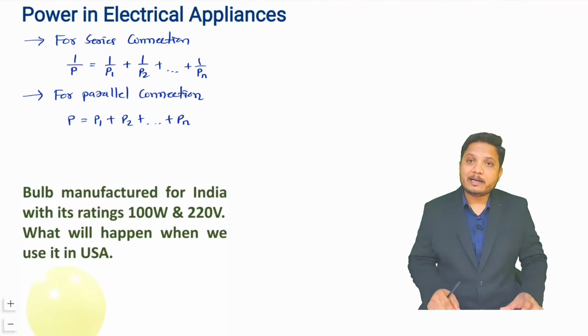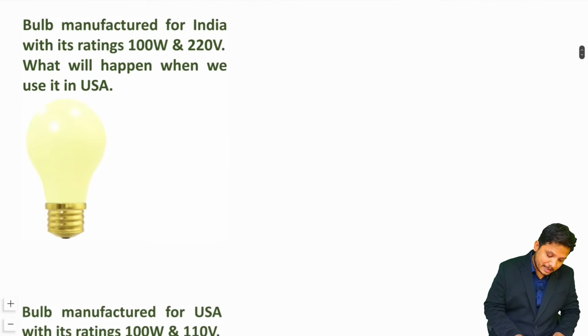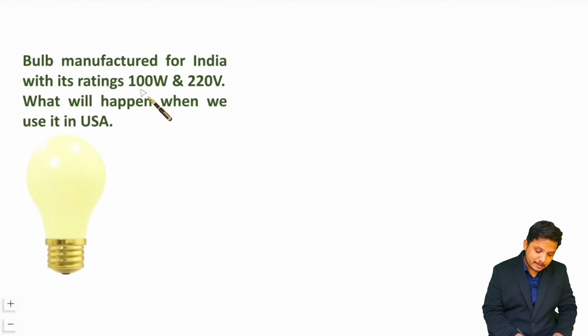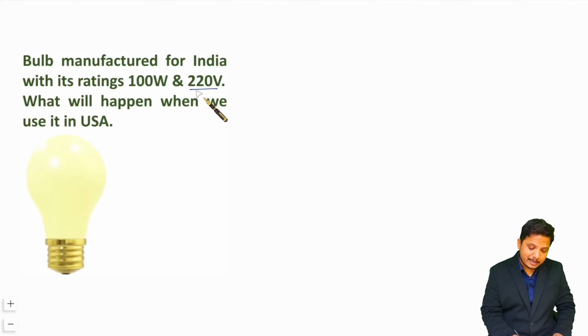Let us try to identify that with this case study, in which you see a bulb manufactured for India with its rating of 100 watt and 220 voltage. In India, the usual voltage rating is 220, right? So here for India, the power rating of the device is 100 watt and the voltage is 220 volt.